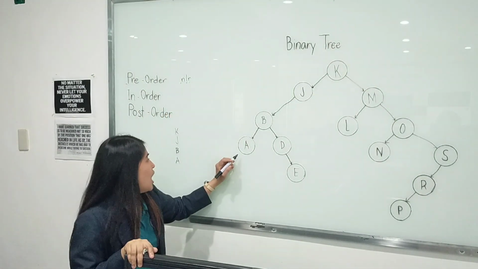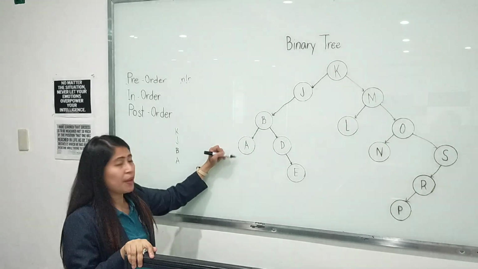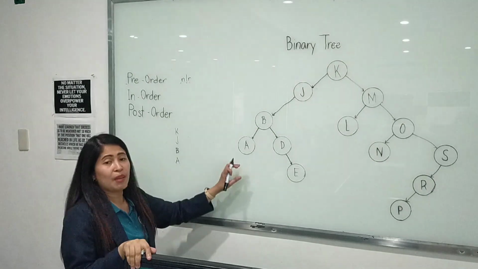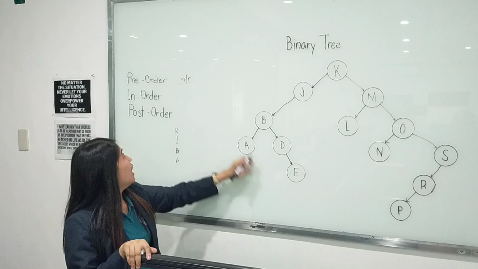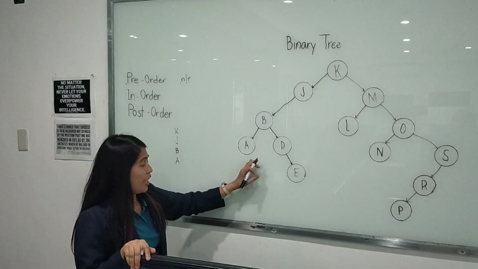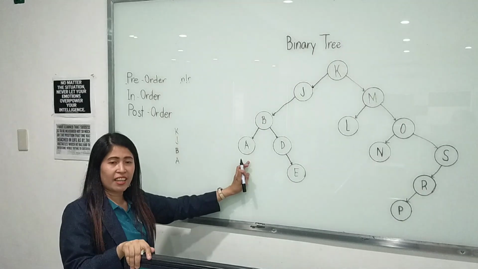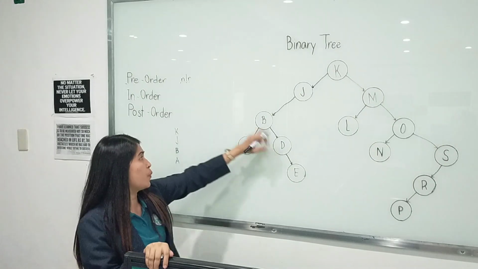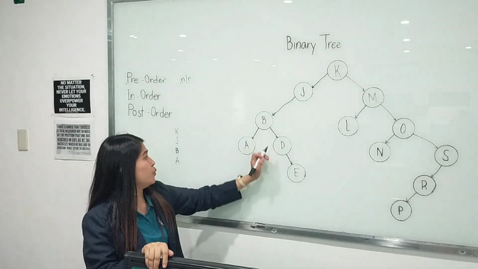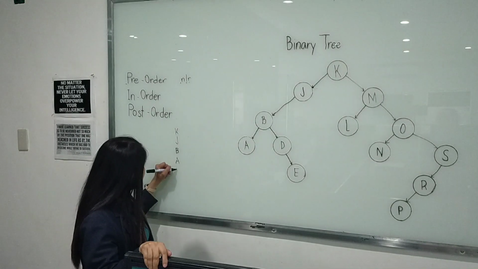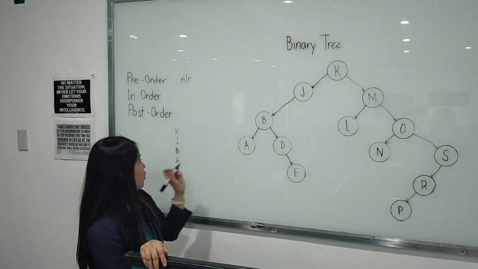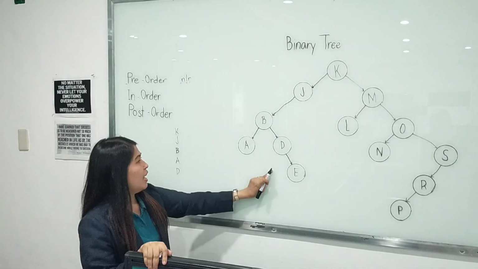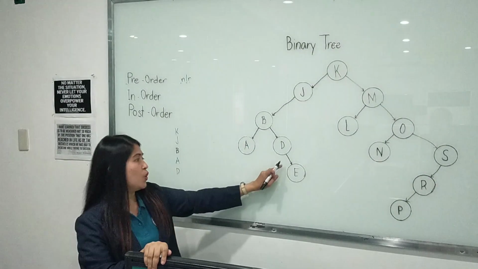So in this case, we will visit the left subtree of the A, and then since we hit the base case, we are going to visit the right of the A. Base case again, so in this case, we will go back to B, and since we've finished the left subtree, we will go to the right subtree of the B. So we go down to the D. And then we will visit the left subtree, so base case again, and then we will visit the right subtree, so we go down to the E.